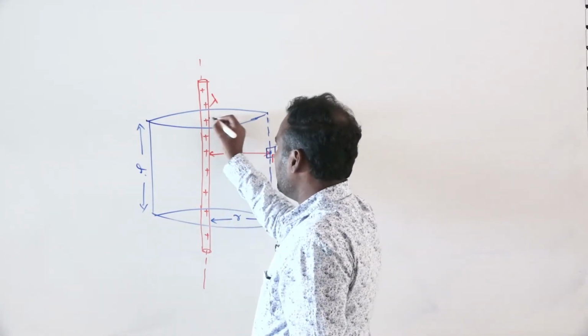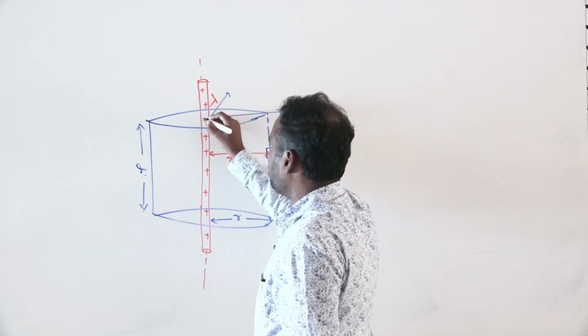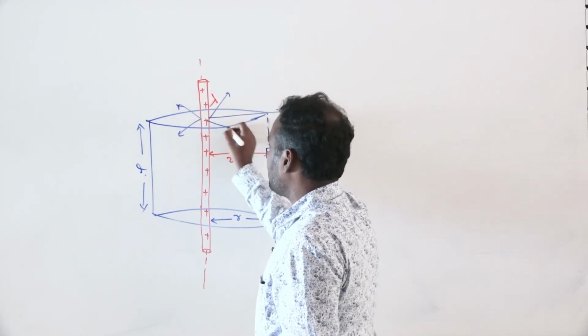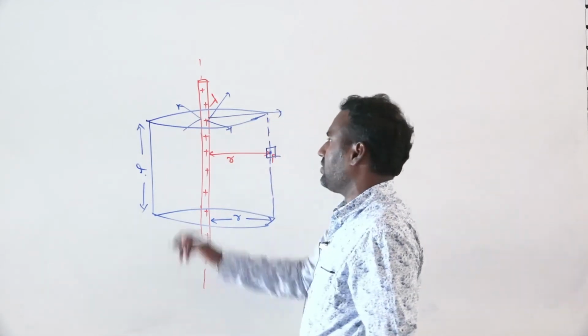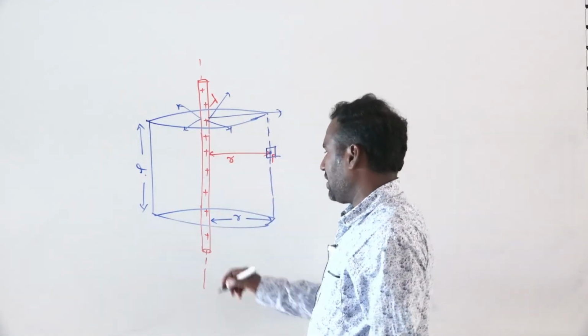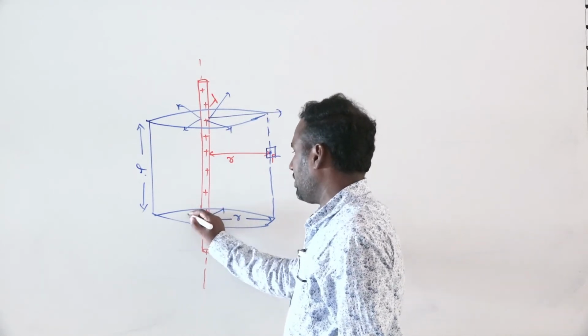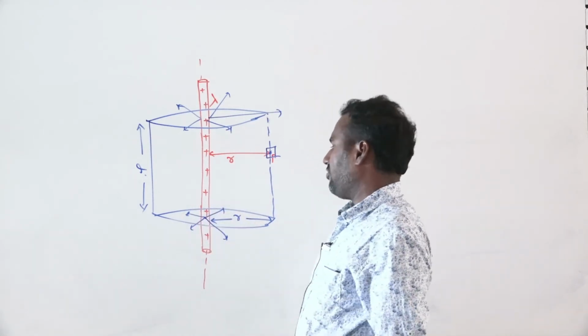Suppose if you see over the top surface, the direction of electric field lines will be tangential to the surface. The bottom surface is also the same thing, tangential to the surface.